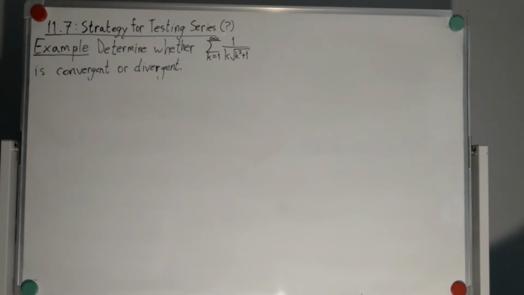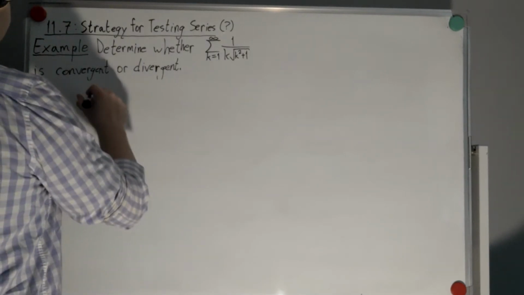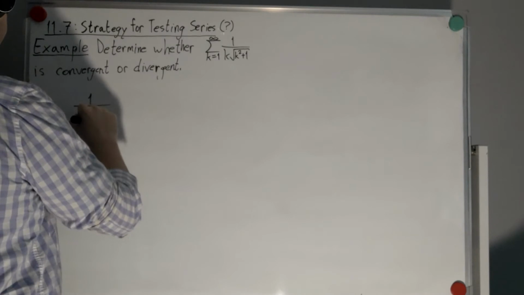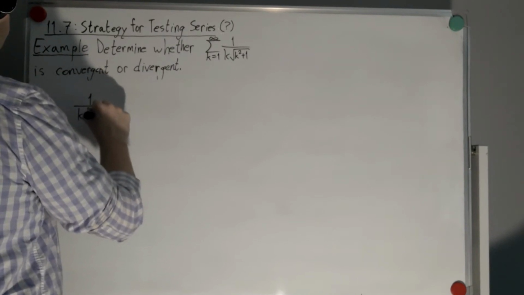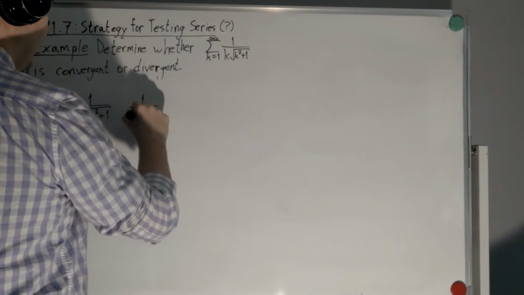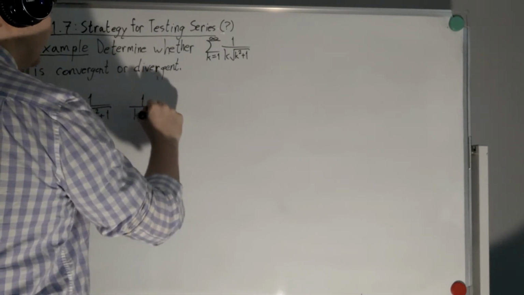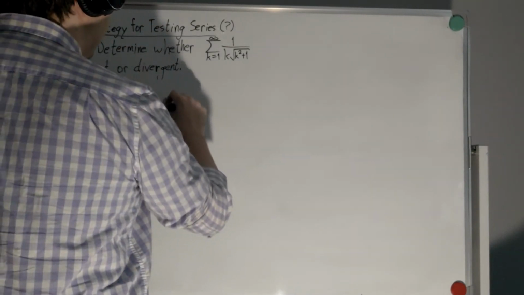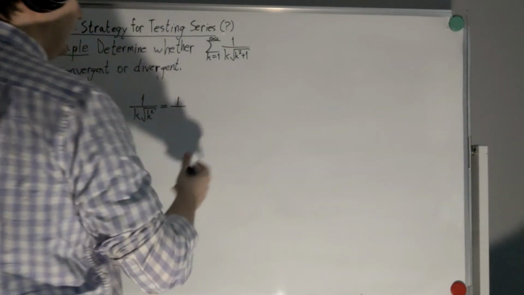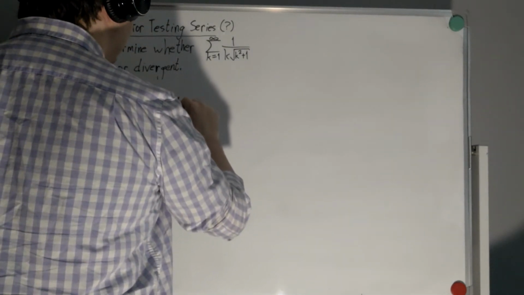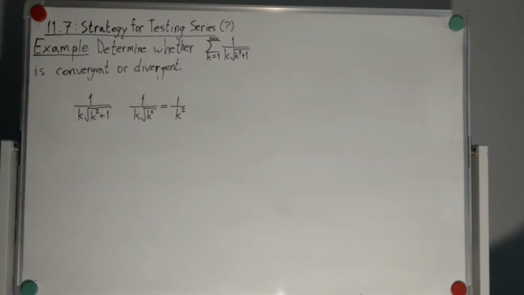Let's note that if you were to delete that 1 under the square root, then what we get is 1 over k times the square root of k squared. Square root of k squared is just the absolute value of k, and since k is non-negative in this case, this is just going to be k times k, which is k squared.